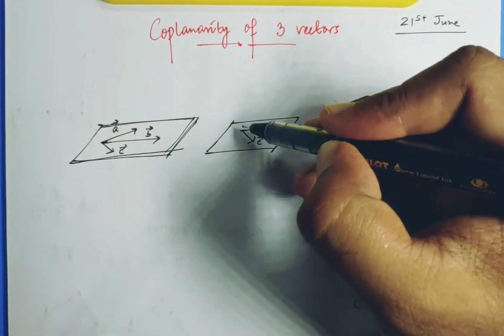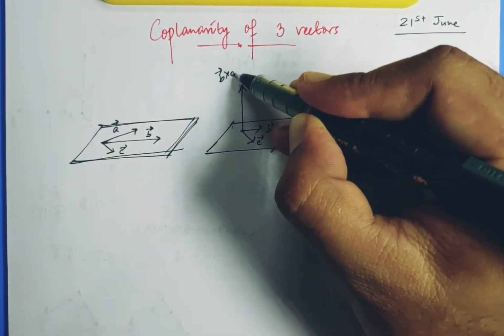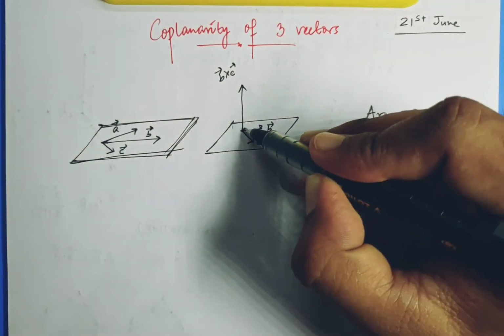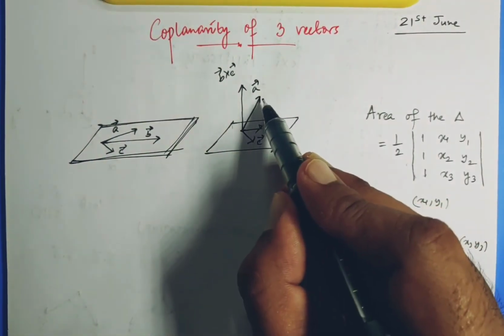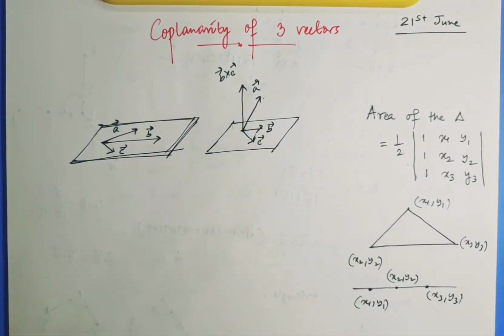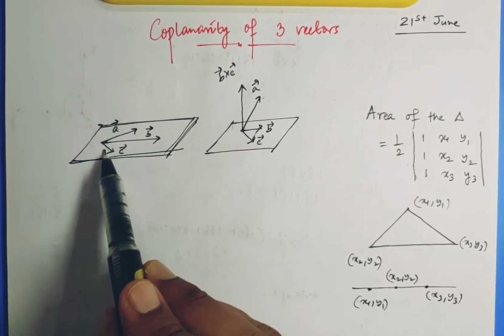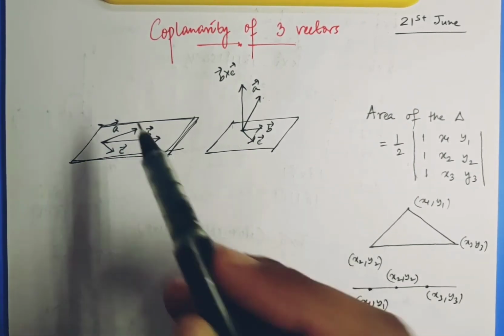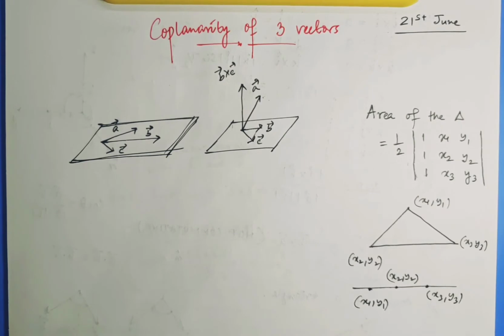Now we do the cross product of B and C, we get a perpendicular vector, that is B cross C, right? Now we had another vector, that is A vector, right? So we drew a parallelepiped like this. Now if I have 3 vectors A, B, C all lying on the same plane, can we draw a parallelepiped just like before? Yes or no? No, right?